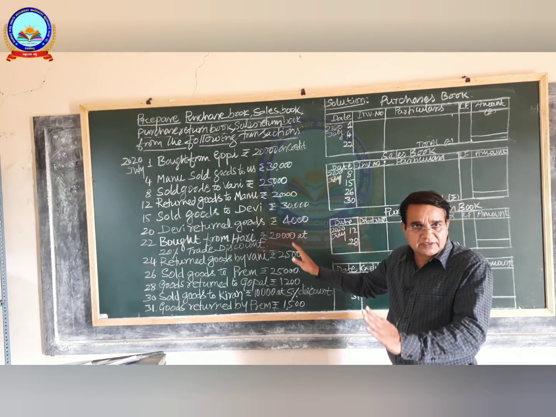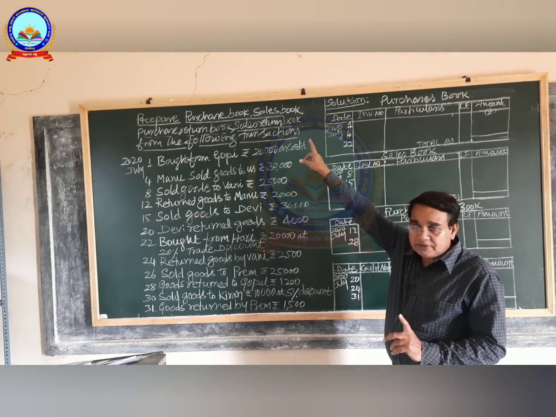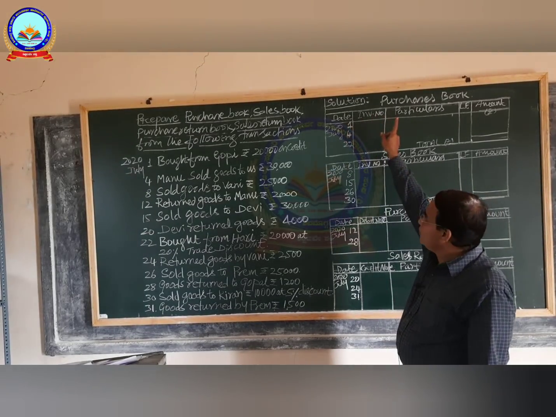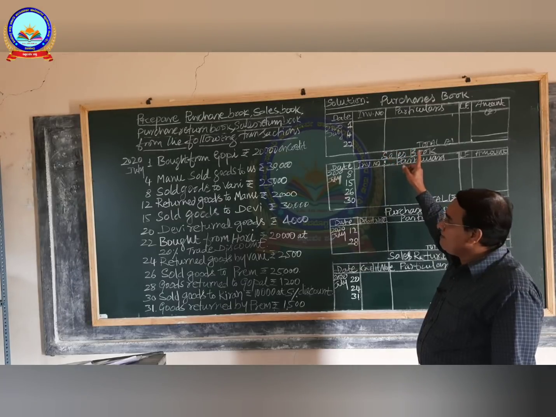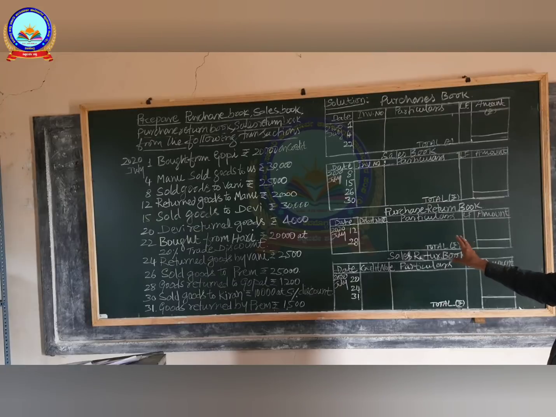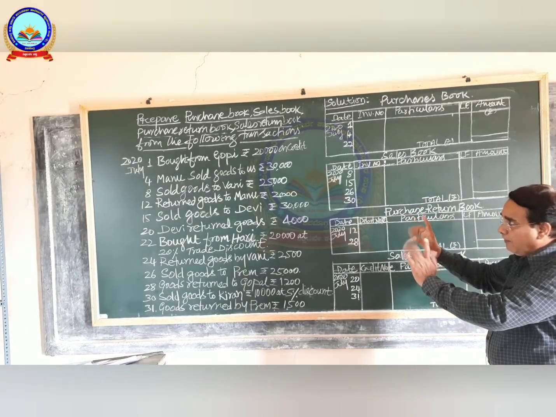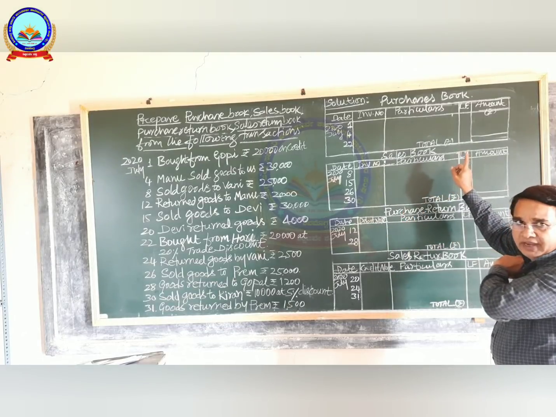From these transactions, you have to prepare the said books, that is purchases book, sales book, purchases return book and sales returns book. Now I am explaining in detail in which book each transaction is going to be entered.